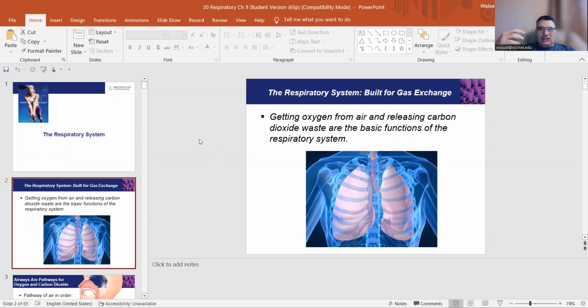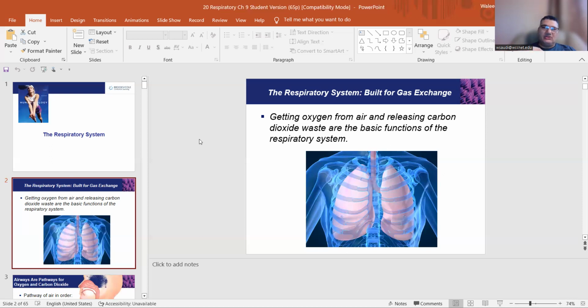where the blood goes from the right ventricle to the pulmonary trunk to the lung, deoxygenated, and it goes through the lung, gets rid of carbon dioxide and gets oxygen from the air, and then returns back from the pulmonary veins into the left atrium, and then left ventricle, and then to the aorta, and then to the rest of the body, going all the way to the cells loaded with oxygen.